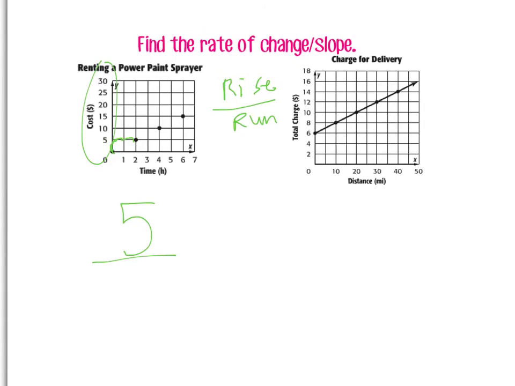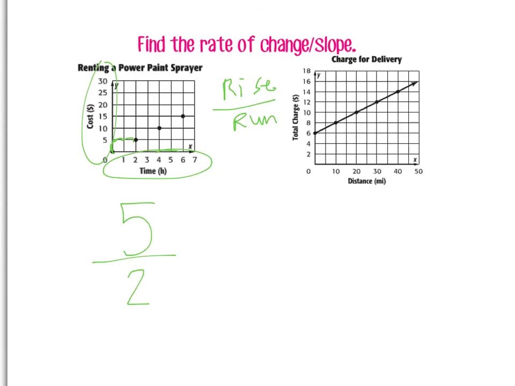And when I go over 2 boxes, they're just counting by 1, so that's going over by 2. I can simplify this as a decimal, but I'm going to leave it as a fraction, 5 over 2. That can't be simplified. It's easier to leave it like that than to say 2.5 if I was trying to figure this out later.